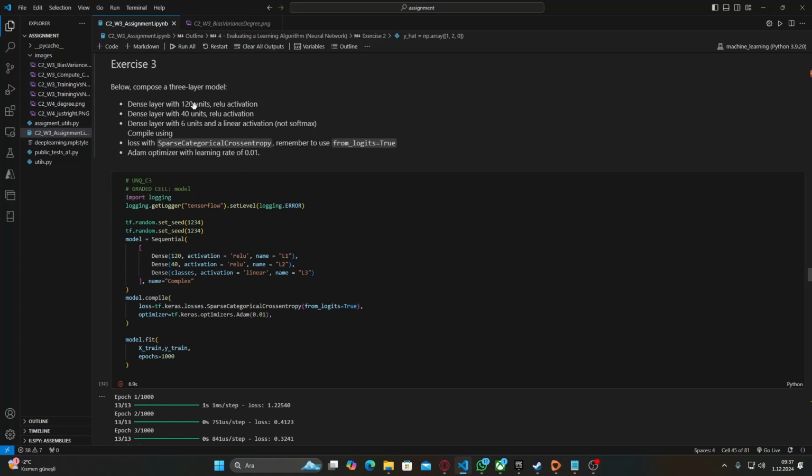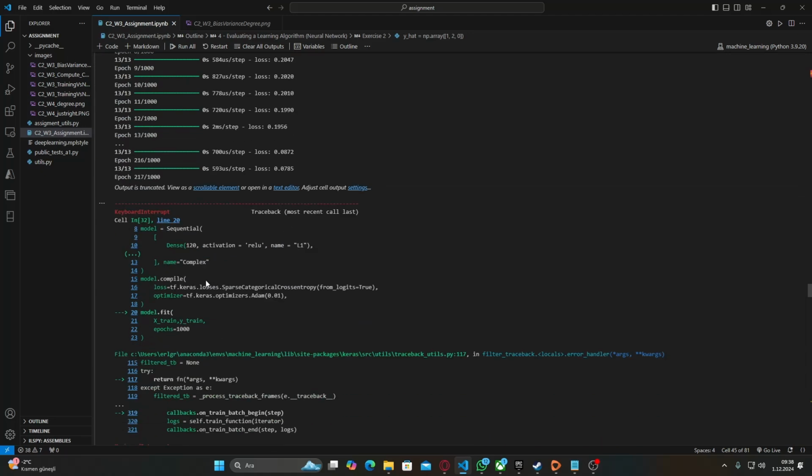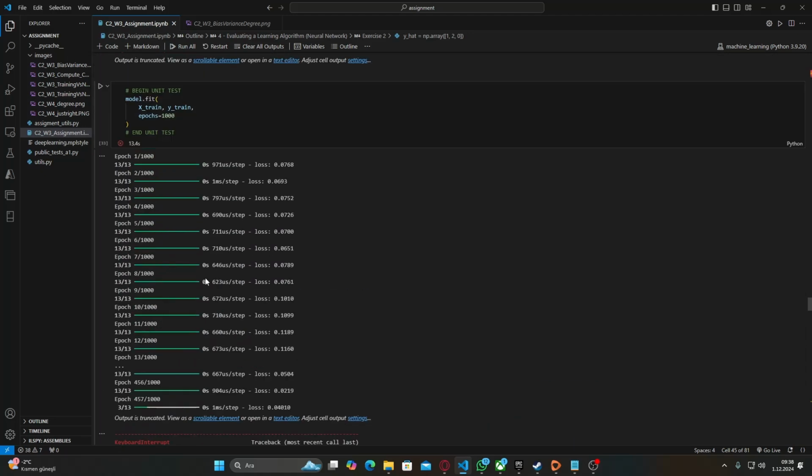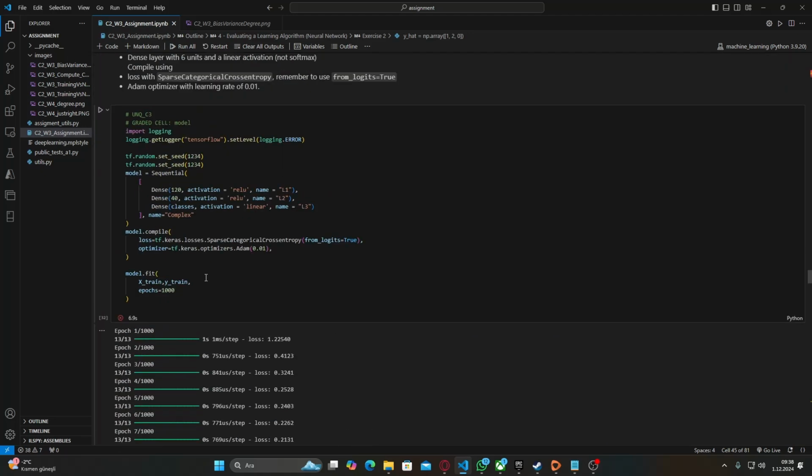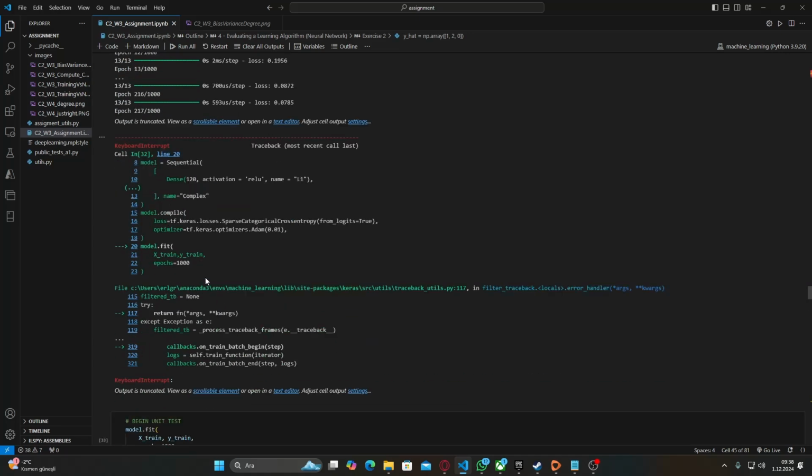Okay, dense layer with 120 units, ReLU activation for layer 1, and 40 units in layer 2 with linear activation, and compile. I'm not sure whether I did something wrong or not. Let me see, there must be a hint in here.